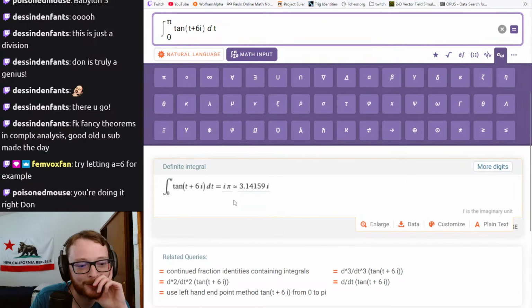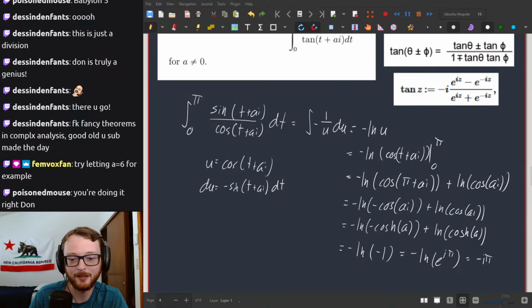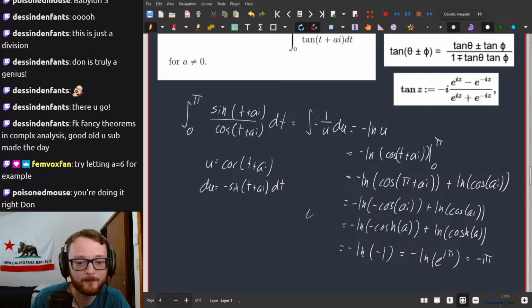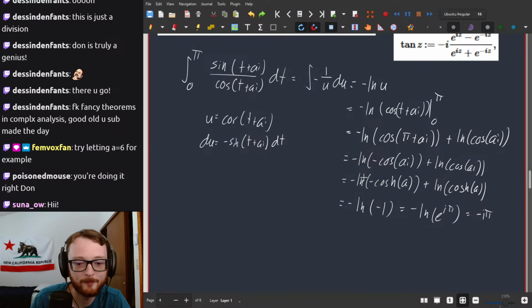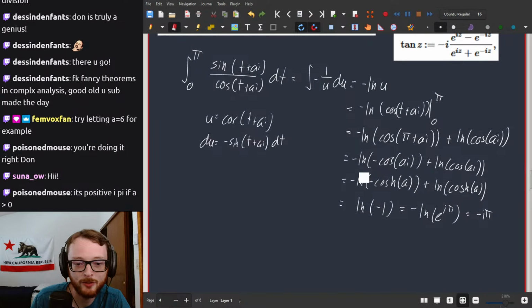Wait, positive i pi. Oh, wait, that's stupid of me. I'm no longer a genius. This negative sign went away, but I accidentally carried it over.